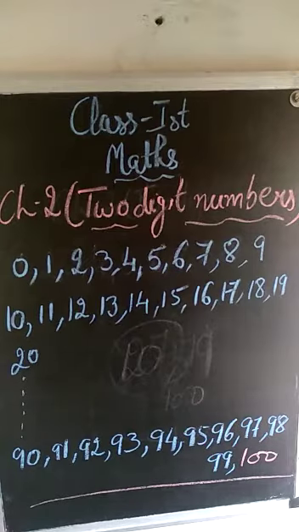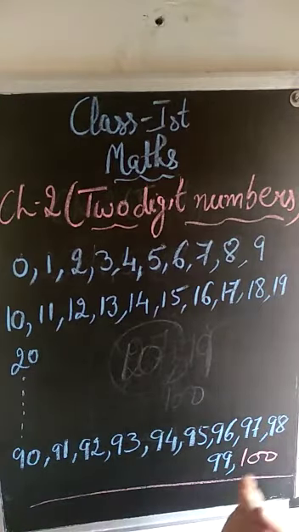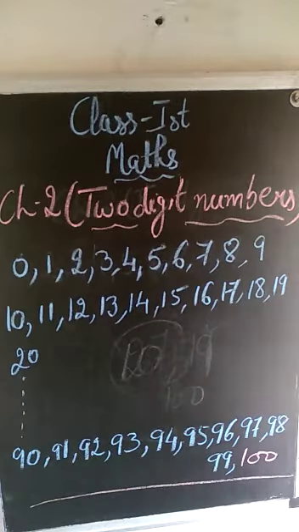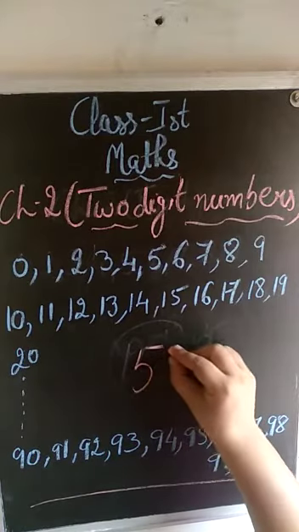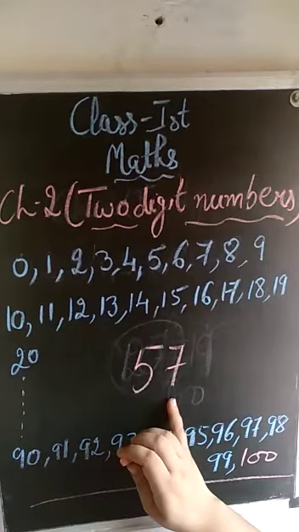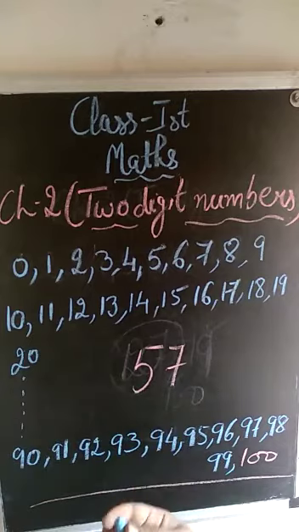Now the second thing is how to find the place of a particular digit in a two-digit number. For that we have a pattern to follow. From the right side we count the digits. If I have the number 57, here 2 digits are given, but 7 has one value and 5 has another value.